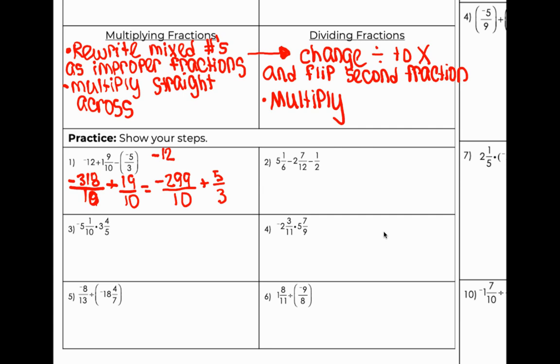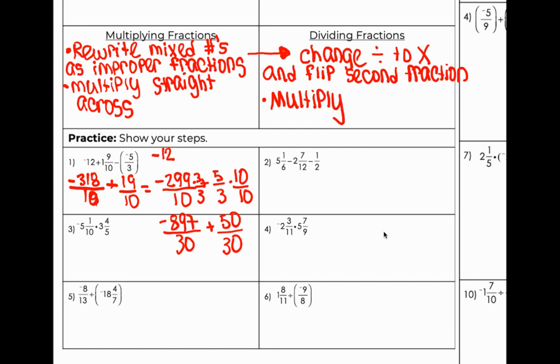So that's going to be negative 897 over 30, plus, we're multiplying by 10 here, and sorry, I should have shown that. So that's plus 50 over 30.